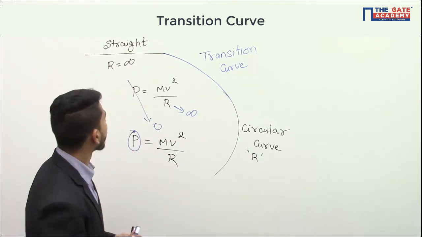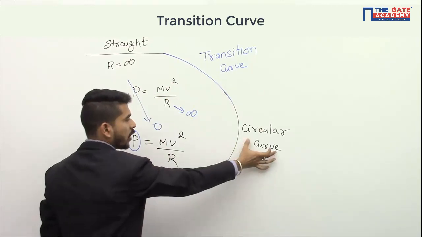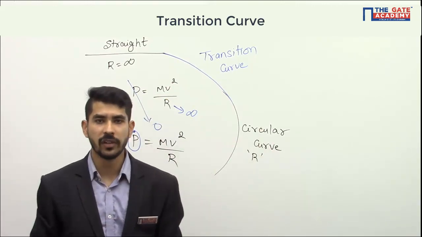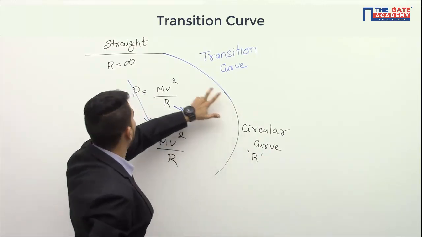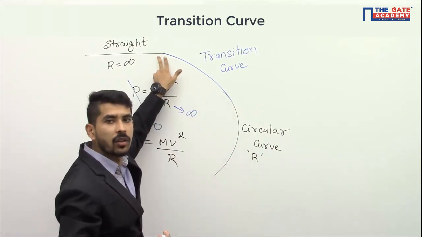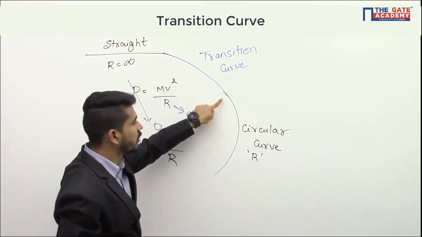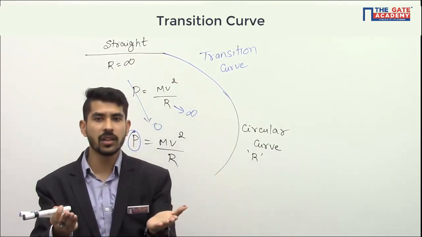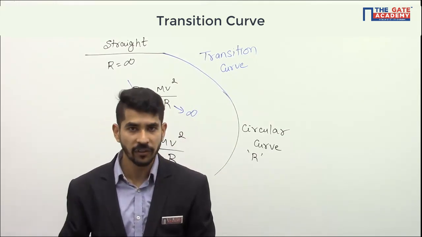Secondly, on a circular curve, we have to provide super elevation, right? And we cannot just directly connect this point to this point. Again, it will cause some discomfort. So we are providing a transition curve, and on the transition curve, we slowly raise the outer edge of the pavement.